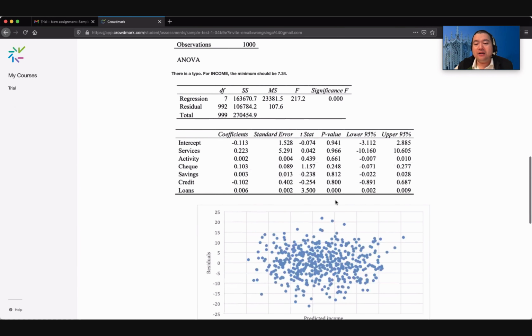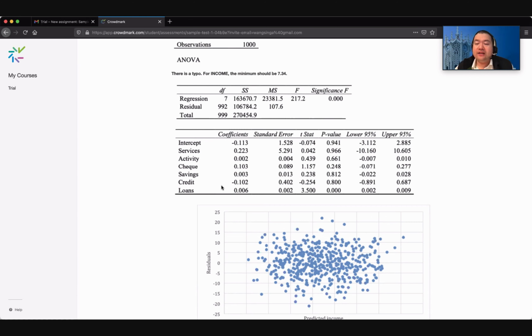So this is about a deeper interpretation of the results, right? Here, by the way, you may find that credit has a negative association with the income. Again, I want to claim there's no causal effect. You can't say, oh, credit caused the income to decrease. If you make this kind of statement, we will mark it wrong.